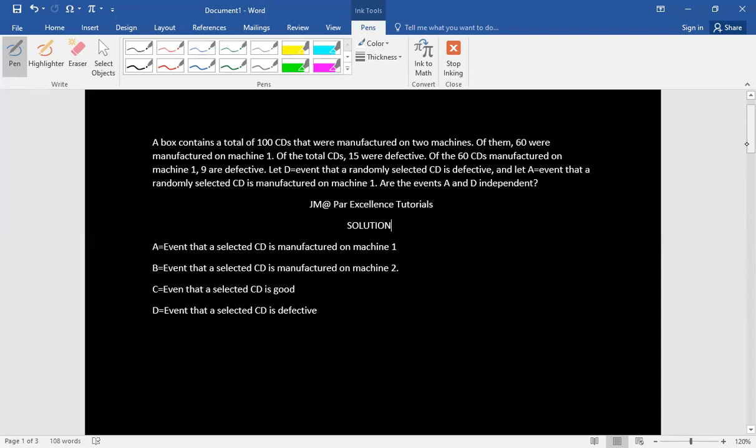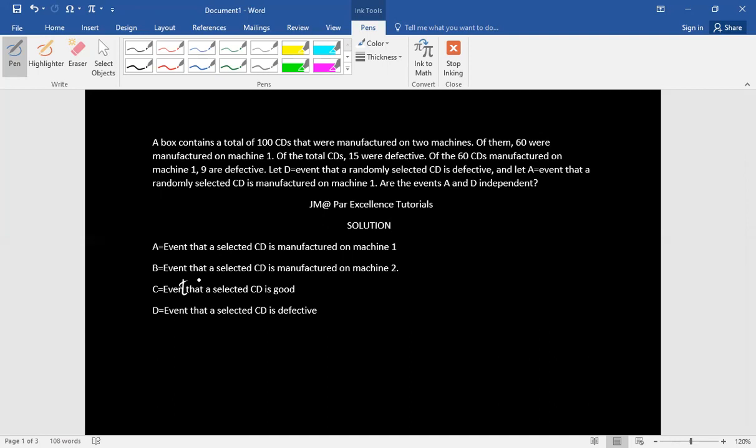Event B is the event that a CD selected is manufactured on machine 2. I've also put event C, which is the event that a selected CD is good, and the last one is event D, that a selected CD is defective.